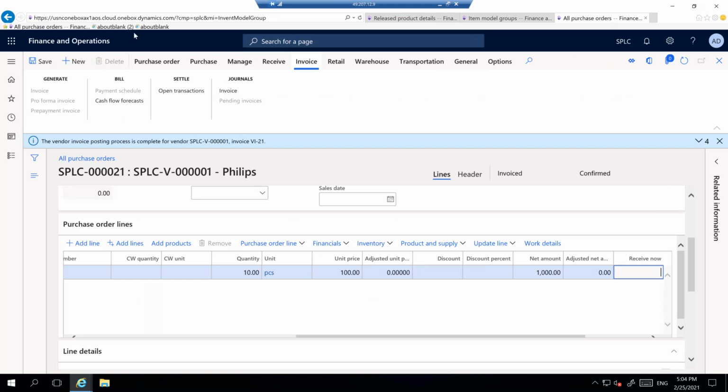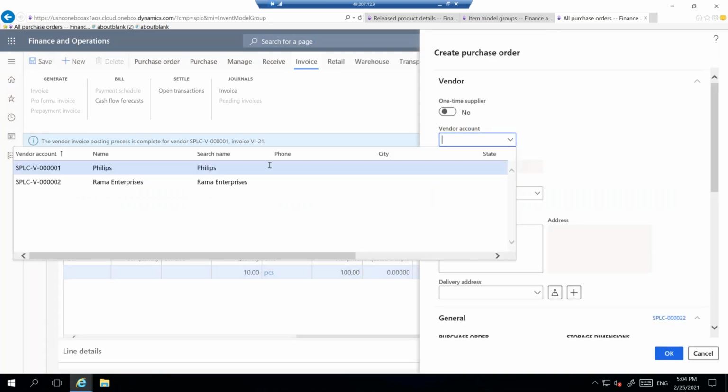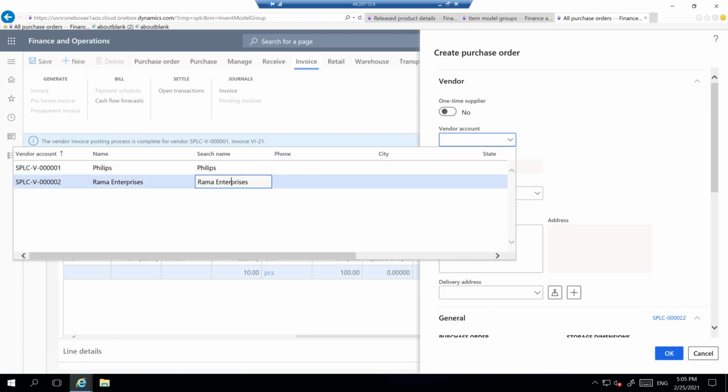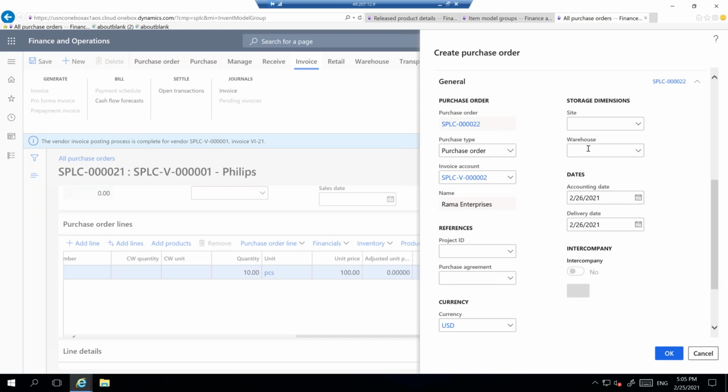Okay. Now I will create another purchase order. From any vendor, there are no restrictions here on vendor. I may purchase from any vendor. I need stock, so I will purchase from any vendor.